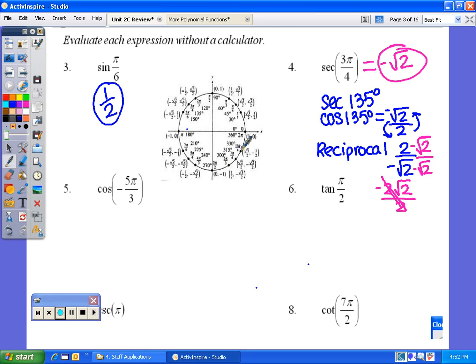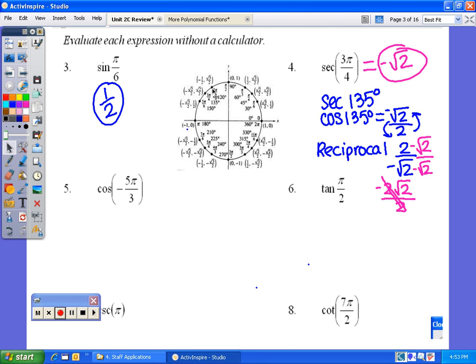But if we were to go around the circle backwards, then this right here would be negative pi over 6, negative pi over 4, negative pi over 3, negative pi over 2, negative 2/3 pi, etc. And by the time we got around to this point right here, which is 60, it would be negative 5 pi over 3.